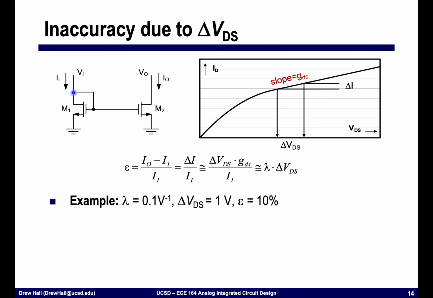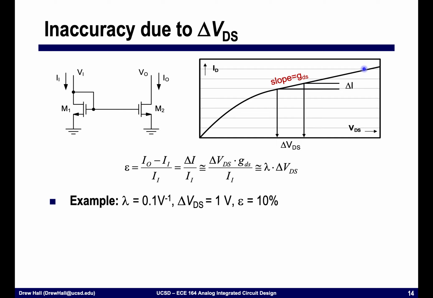It's going to be VOV of M1 plus VT, whereas this drain node is free to move based on the circuits that are connected up here. As this voltage moves, we know that the transistor exhibits some dependence on its output voltage. This is channel length modulation. And so if I was to look at the IV curve, we called the slope of this R out, or 1 over GDS.